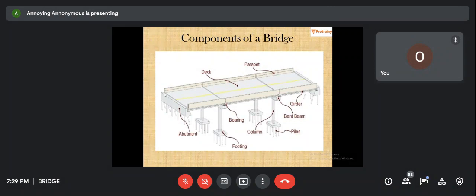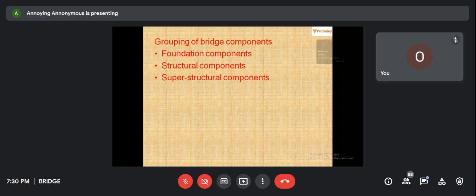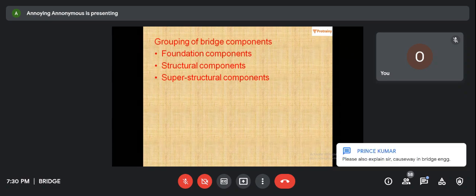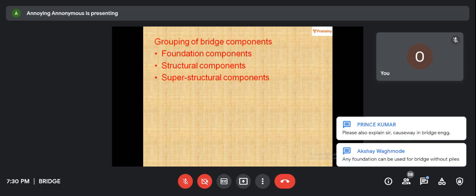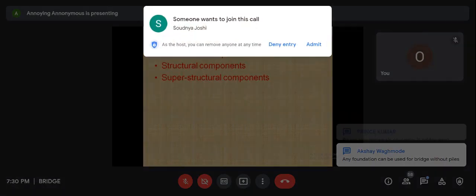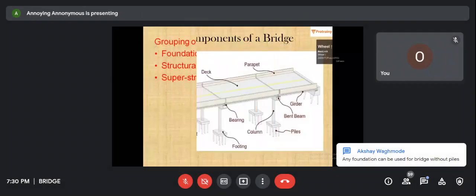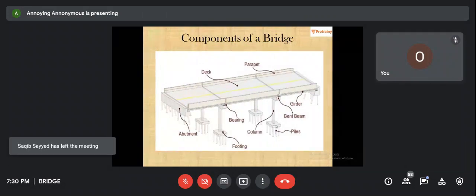So these are the components. Now you can group these components into three families or three groups. The first one is foundation components, which is of course all sorts of foundation. Then come structural components.